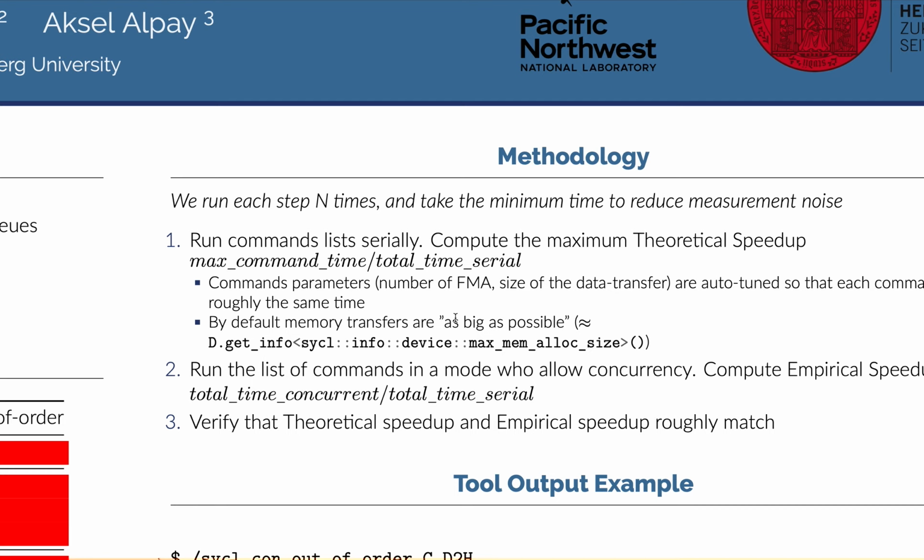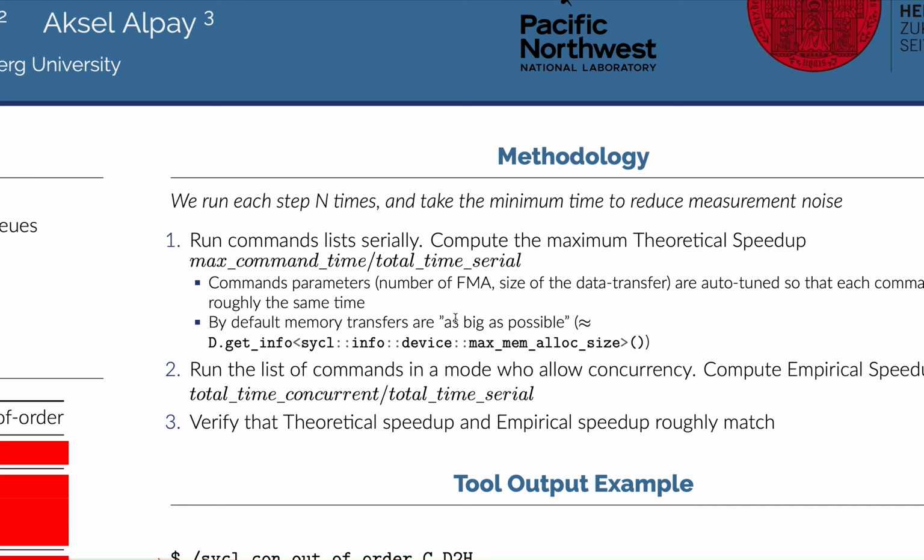It's the max time divided by the total time, and this gives you the theoretical speedup. We do some tuning to minimize all possible overhead from the runtime and everything. So we tune the parameters of each command so each command takes more or less the same time.